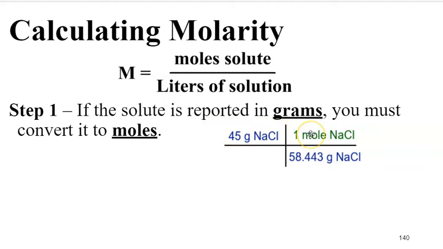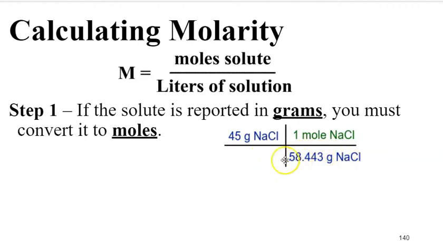I'm going to divide that by the molar mass, which is from the periodic table, of NaCl. So this 58.443 came from the mass of the sodium plus the mass of the chlorine. So you're going to need your periodic tables today. Okay, so if I added together those two masses from the periodic table, that's where I got this number from.